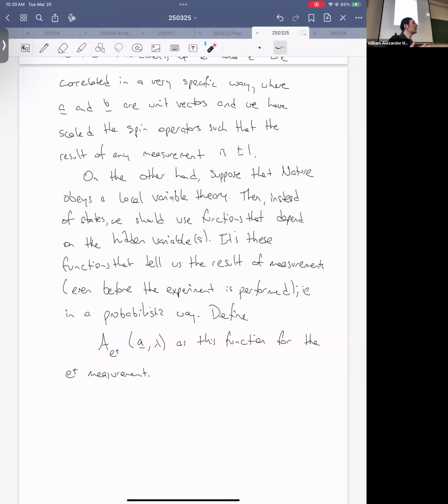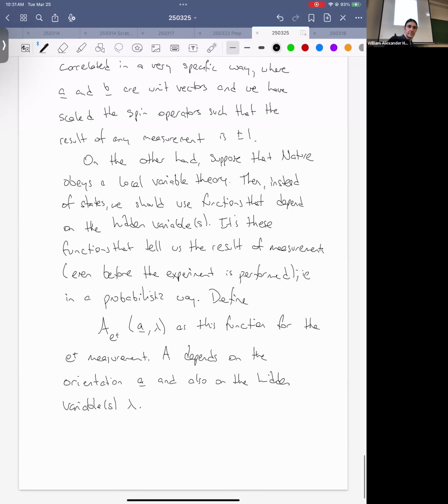We're just calling it lambda, and we'll only use one lambda for simplicity, but one could generalize this to any number of lambdas and the arguments still hold. So A depends on the orientation a vector, and also on the hidden variable or variables lambda.